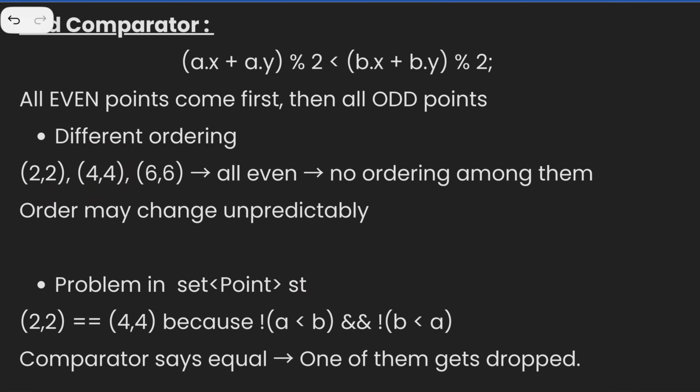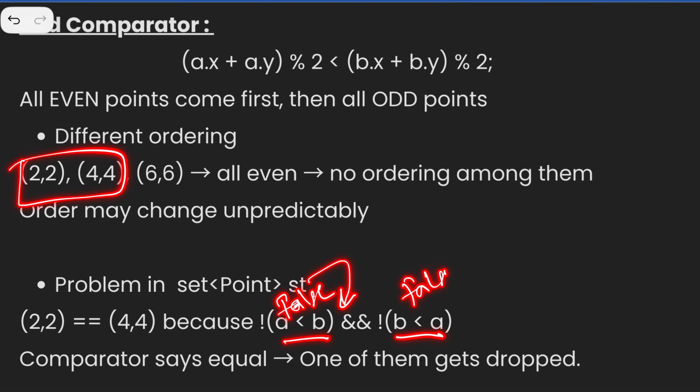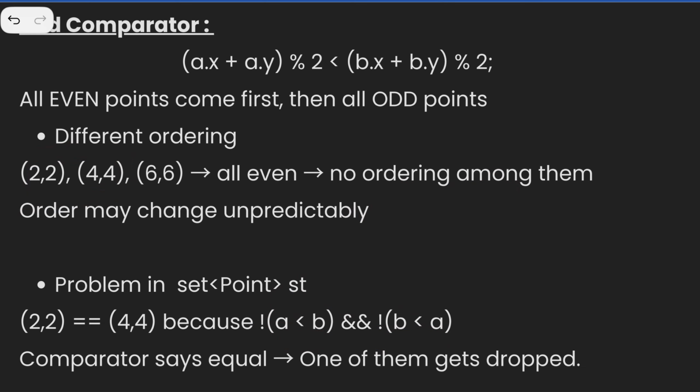Set uses this kind of operation to check whether A is less than B, and B is less than A. In this case, this is false and this is also false. The negation of false and the negation of false will make them true and true. So this will be true.